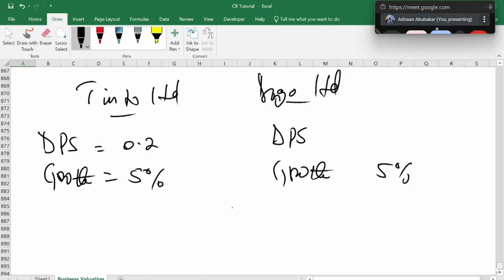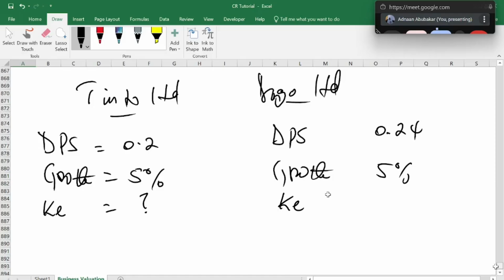Now, dividend per share for Dingo is how much? Can you identify that? For Dingo, 0.24. Okay. Now let's look at KE for both. KE for Dingo is how much? KE for Tinto is how much? We don't know, they didn't give us.